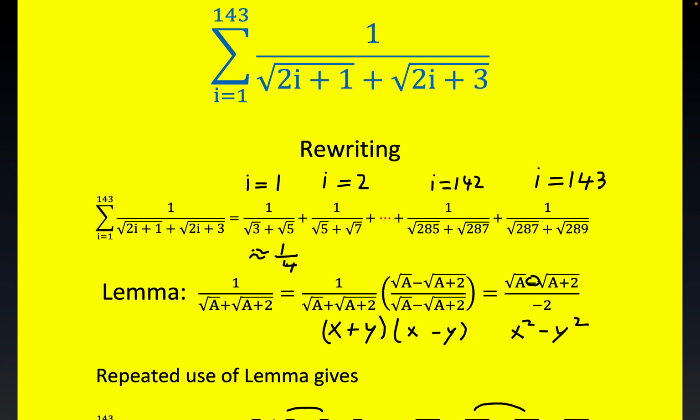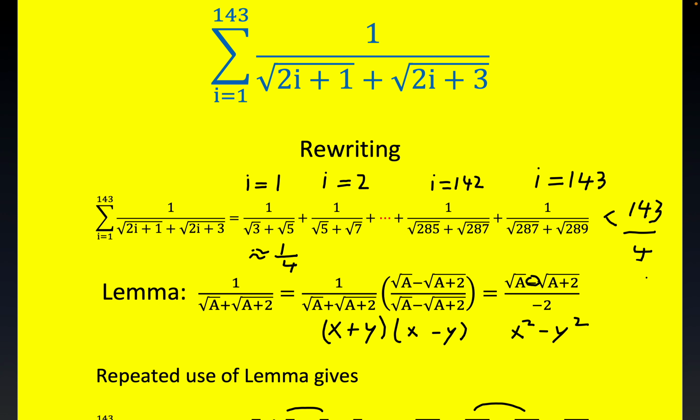Notice, though, there are 143 summands. So you would get 143 over 4 as a very, very crude upper bound. I say that because the very first term is the largest term, and it's only 1/4. These numbers get small really fast because the denominators get larger while the numerator remains constant.